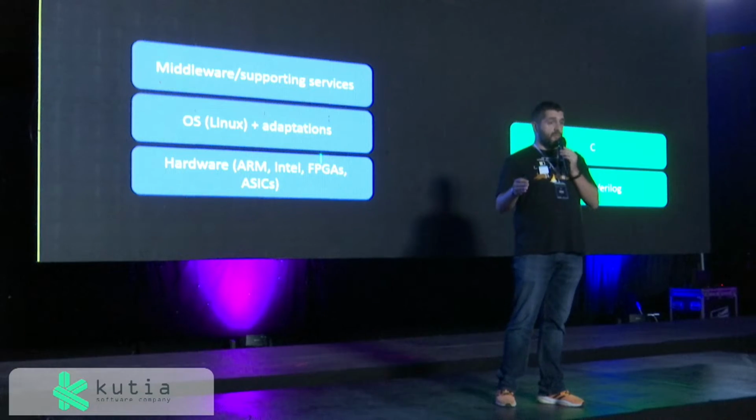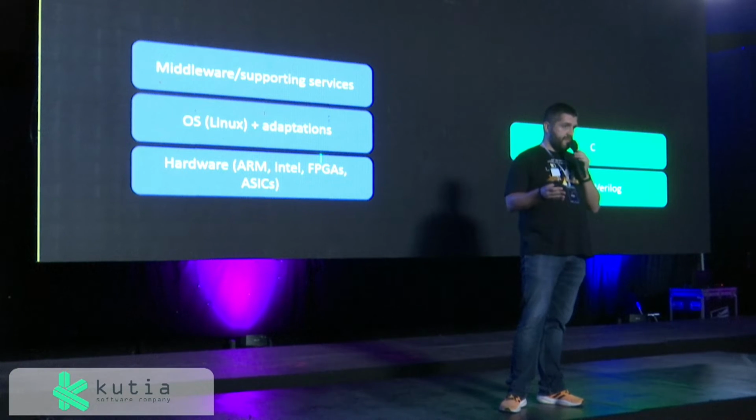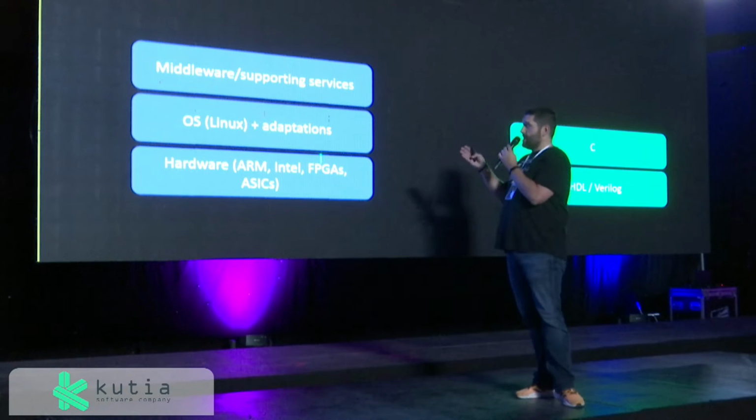But what we don't want to do is reinvent the wheel once we change just the processor. If you are doing normal software development, changing the hardware, if your software architecture is sane, is more or less recompiling for a different target. You will perhaps have to optimize, you will have to do some stuff like that, but you shouldn't have to write everything from scratch. That's why we have this middleware supporting services.